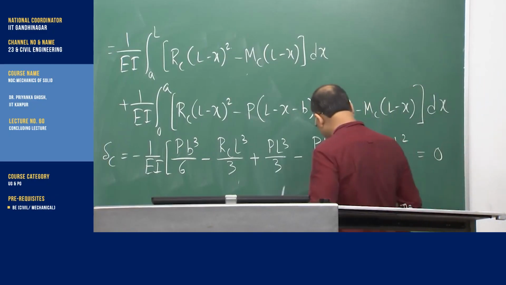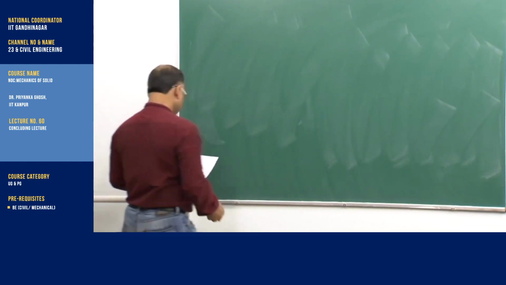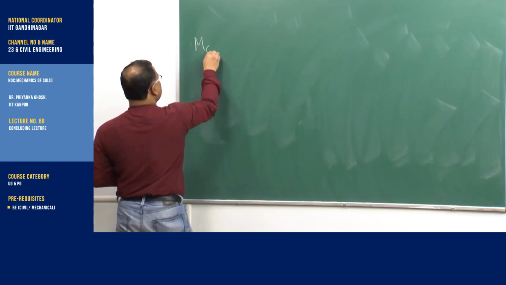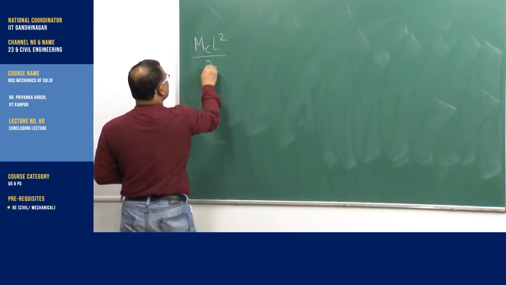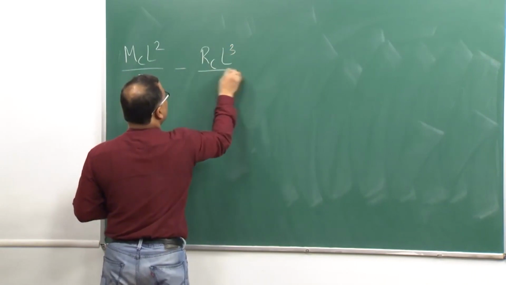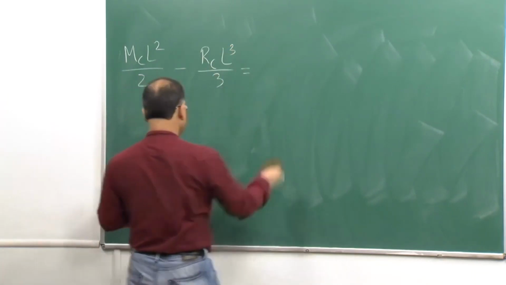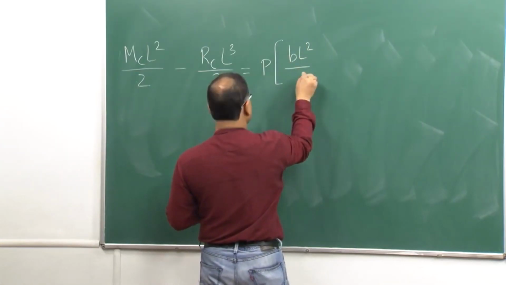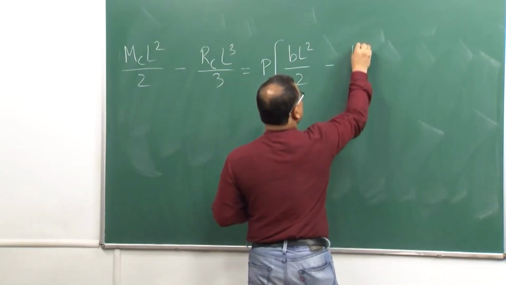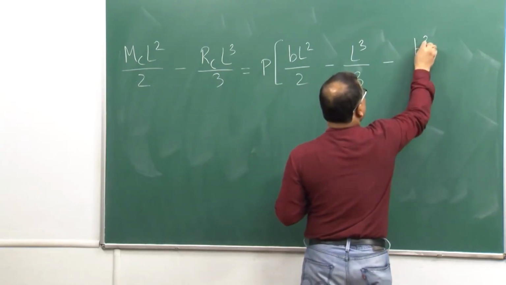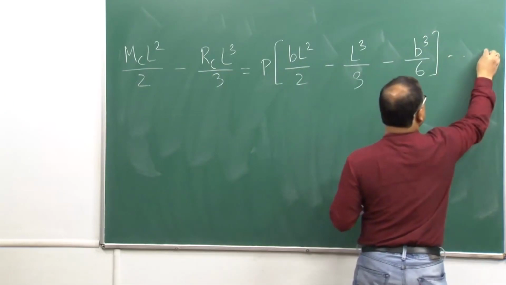If you put this 0, then you will be getting one equation like this: MC L square by 2 minus RC L cube by 3 equal to P into (B L square by 2 minus L cube by 3 minus B cube by 6), say equation 1.